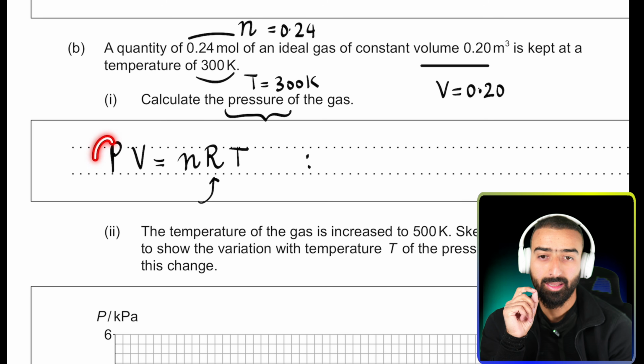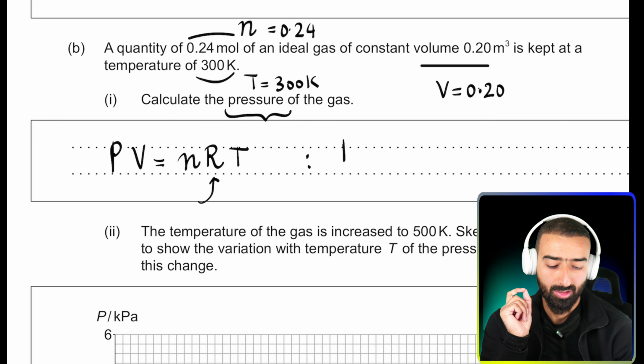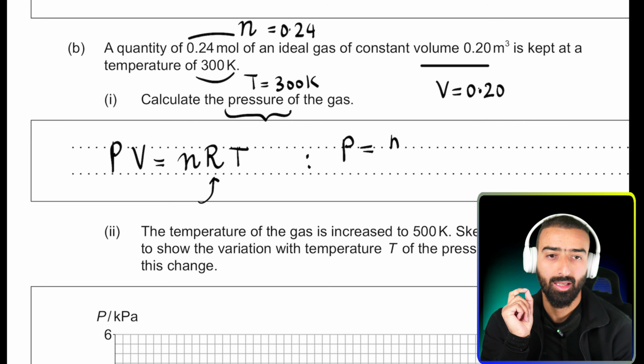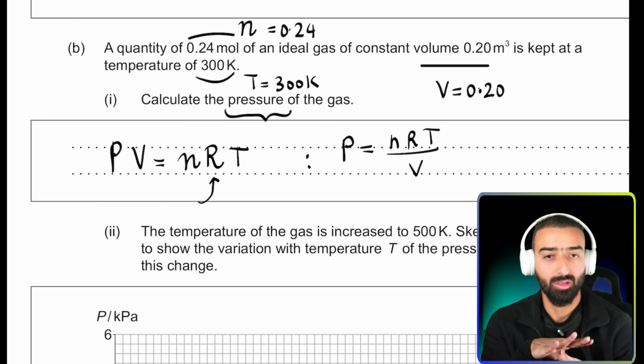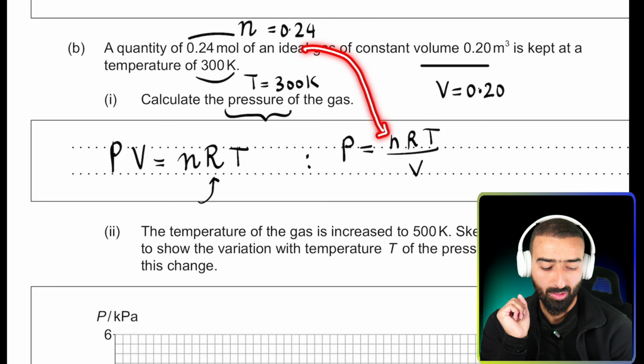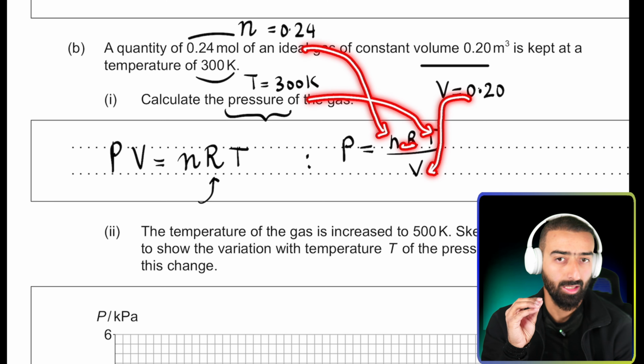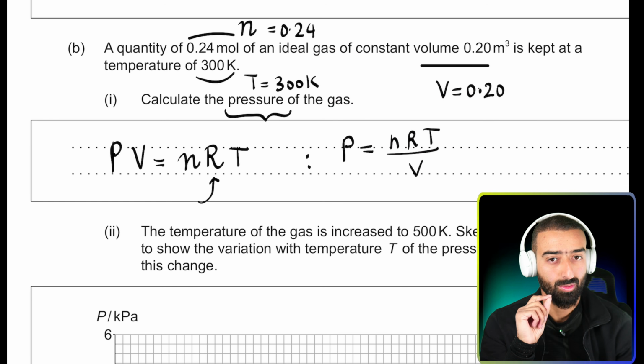So we want to find the pressure. So let's rearrange this equation. P is nRT over V. And now I can substitute all the values. n goes here, V goes here, T goes here, and the value of R we can look up from the data sheet. Let's do that.